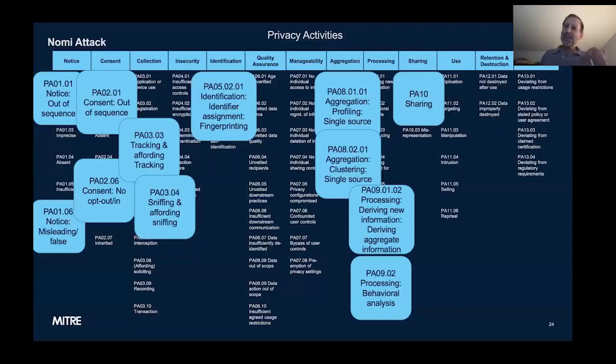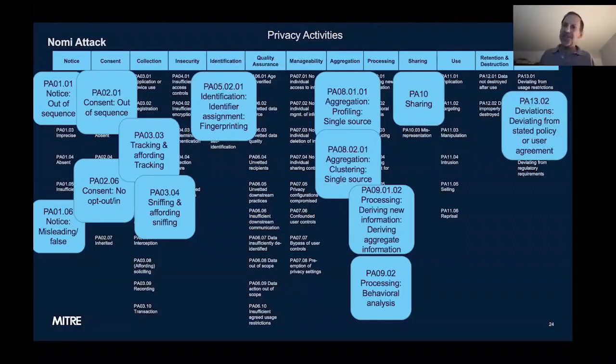There was no specific threat action involved here under sharing, but nevertheless, data was getting shared. And because that was the case here, we highlight the privacy activity itself as opposed to a threat action under it. And then finally, we have deviations.